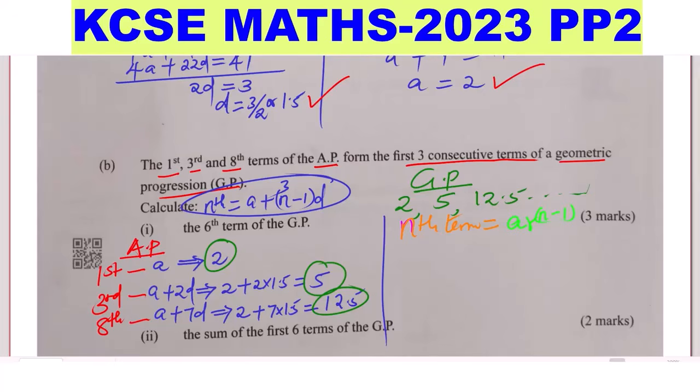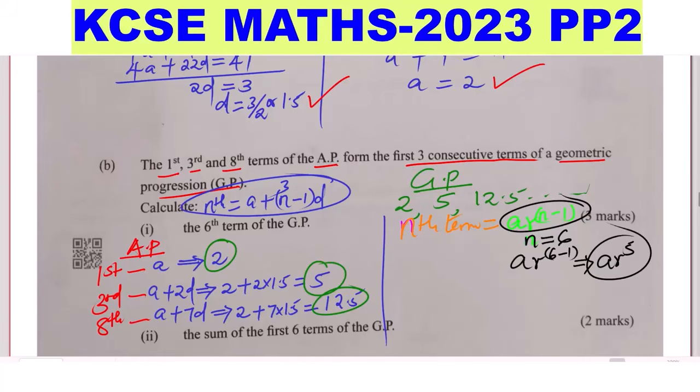And now if you want to get the sixth term, the GP, n will be simply 6. We just substitute n here with 6. So you'll have A, R, then 6 minus 1. And this will give A, R raised power 5. That is how we get the 6th term. This is the 6th term of the GP.